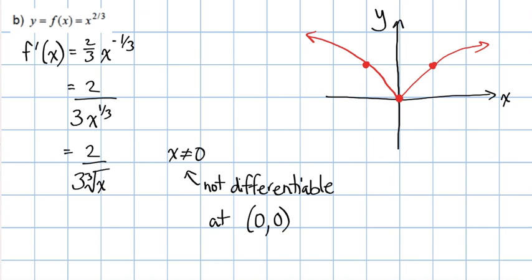And so we can see at this point, 0, 0, we have a cusp. And because we have a cusp, we know that it can't be differentiable.